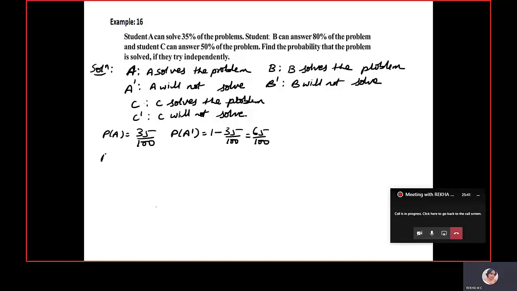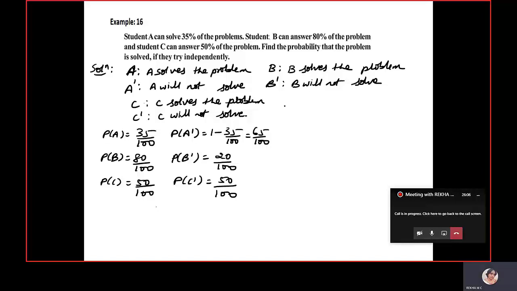Then P of B is equal to 80 by 100. So P of B complement, similarly it is 20 by 100. P of C is 50 by 100. So P of C complement will be 50 by 100.